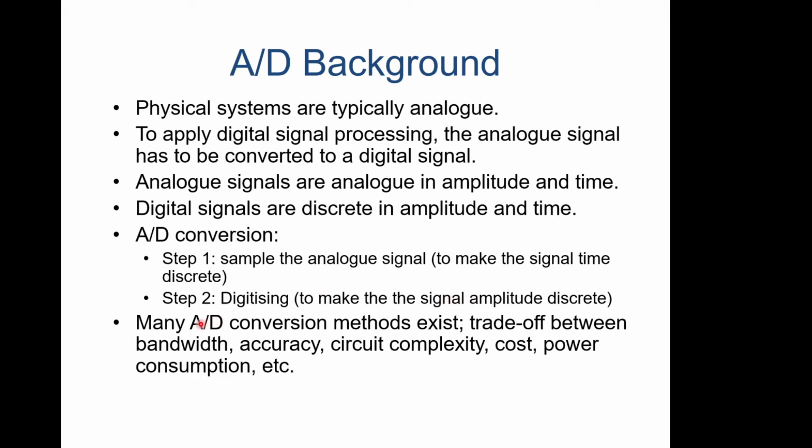And there are many, as always, different ideas and techniques that can be applied to take an analog signal and turn it into a digital signal, and back the other way as well, as we'll look at the end of the week. And each of the techniques always trade off something. So there's a trade-off between bandwidth, so what's the fastest signal you can accurately grab hold of, and the accuracy as well, so how many bits we're going to have.